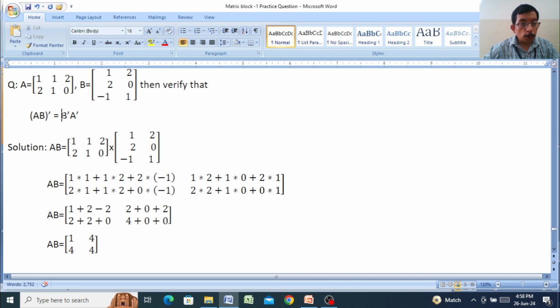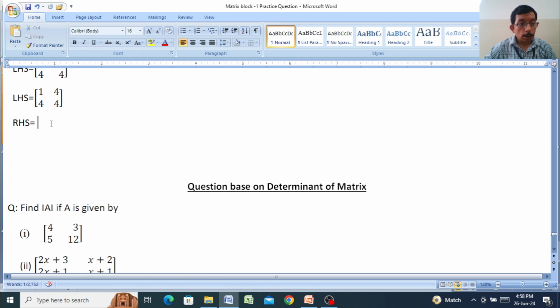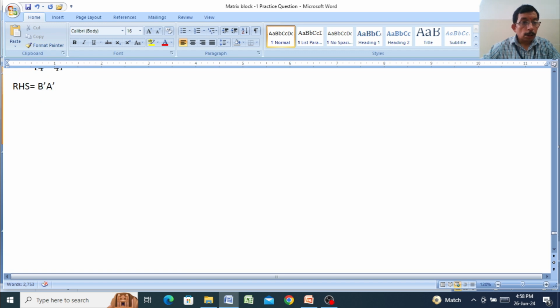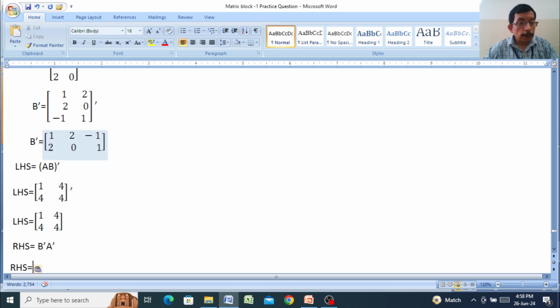RHS is transpose of B into transpose of A. Now we take the value of transpose of B and transpose of A. Transpose of B is here.